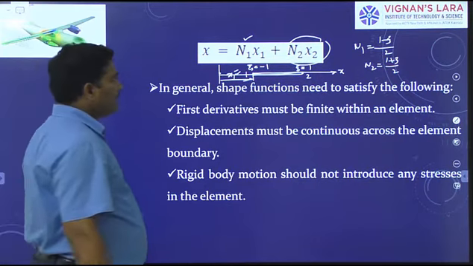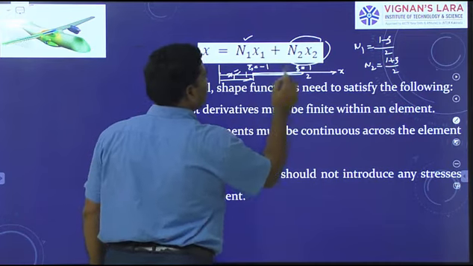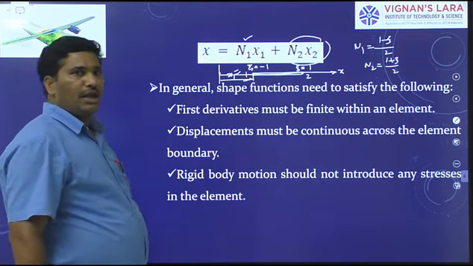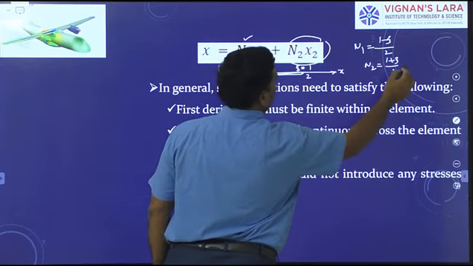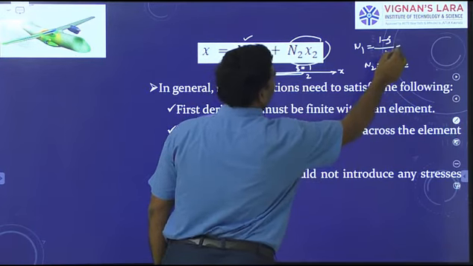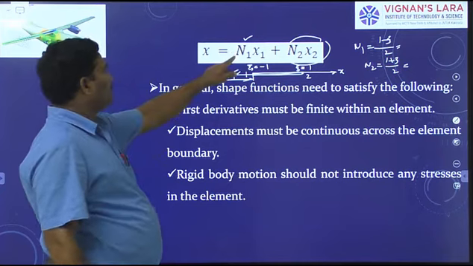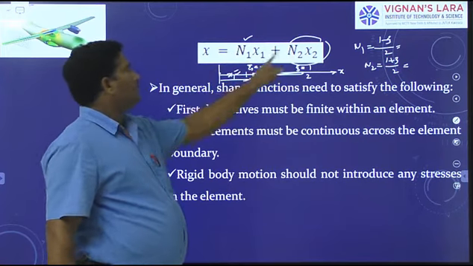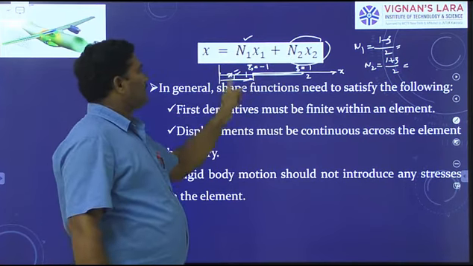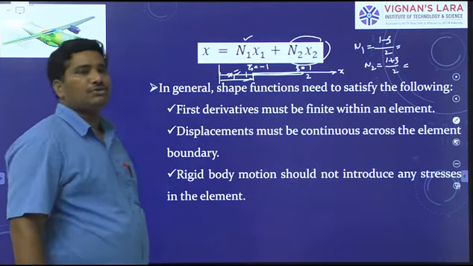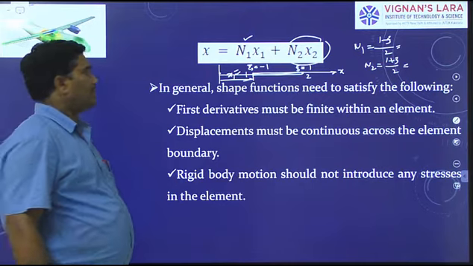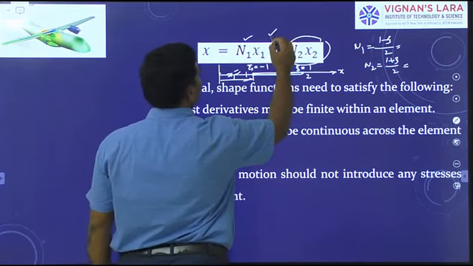Similarly for node 2, x equals x2. That we also check. At node 2, J equals plus 1. When you put J equal to plus 1, N2 becomes 1 and N1 becomes 0. Then x equals x2. Yes, for node 1 x equals x1 and for node 2, x equals x2. Therefore, this formulation is correct.